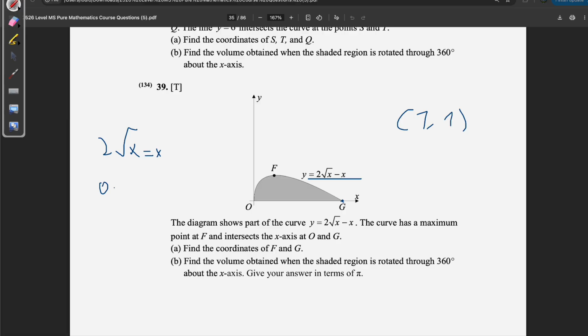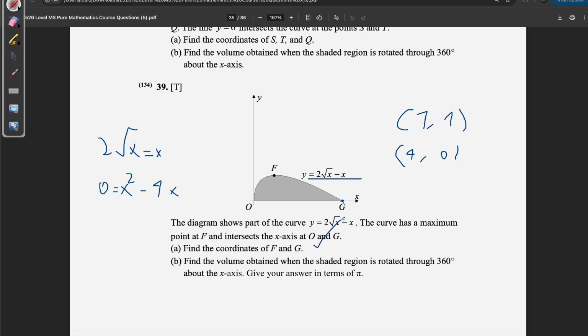You're going to get 0 is equal to x squared minus 4x. You're going to get 0 and 4. You pick 4 since O is the origin. We're trying to find G, so 4. And then you substitute 4 into the curve. You're going to get 0, right? Since it's at the x-axis.